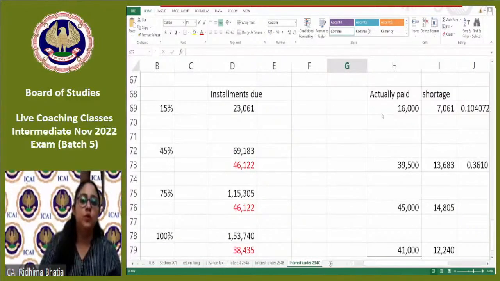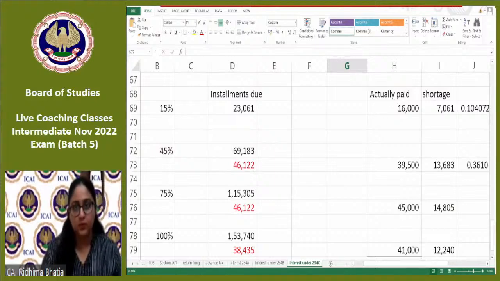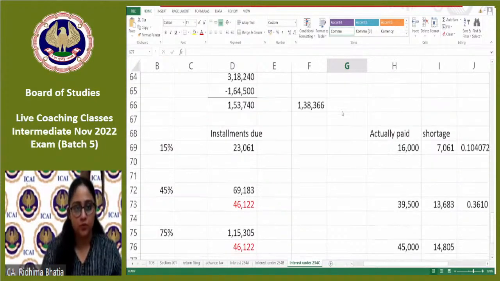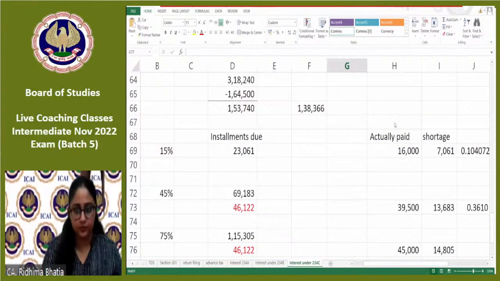I told you to see whether for the first installment, whether 12% and 36% is coming or not, right? Correct. What is the tax due? 1,53,740. Right?